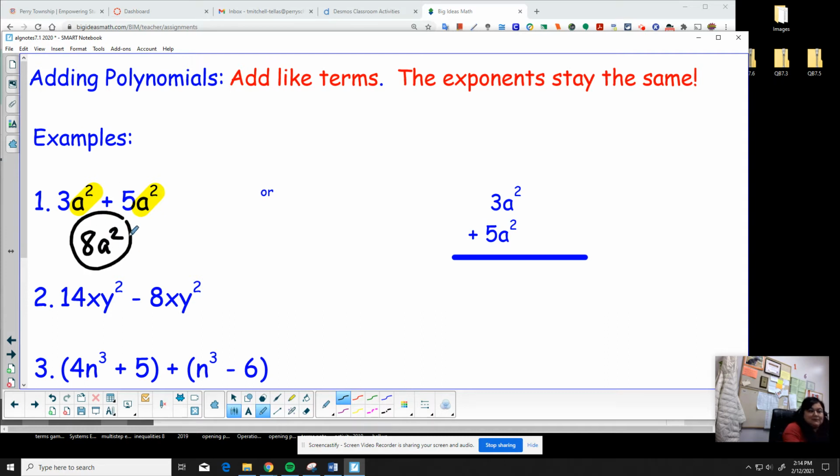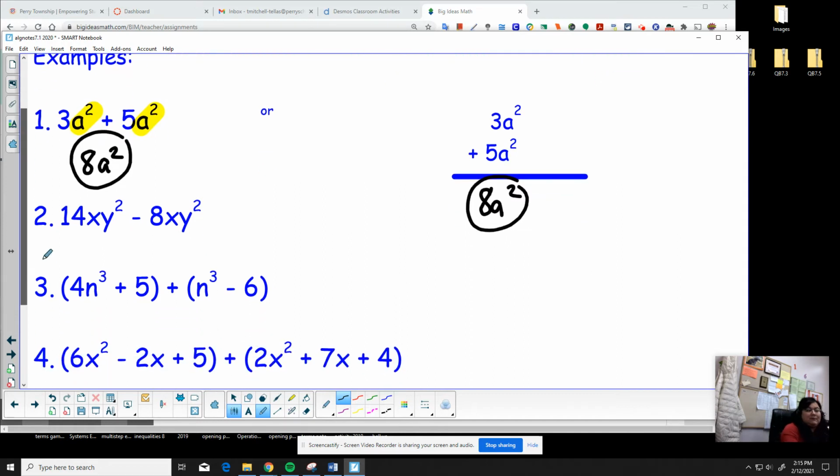This is the answer. Now you can also present this vertically. They're on top of each other because they have the exact same letter with exponent. So this is 8a to the second. See how I get the same answer? The book shows these horizontally, and I look at them horizontally.